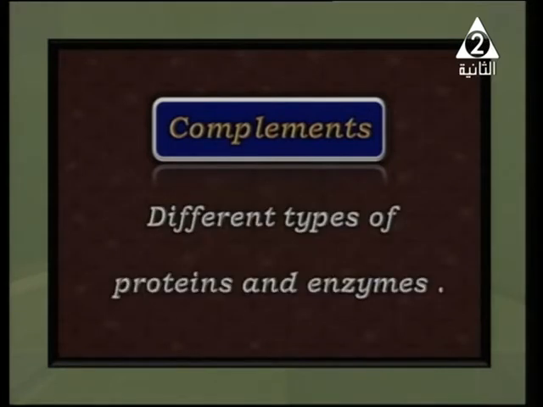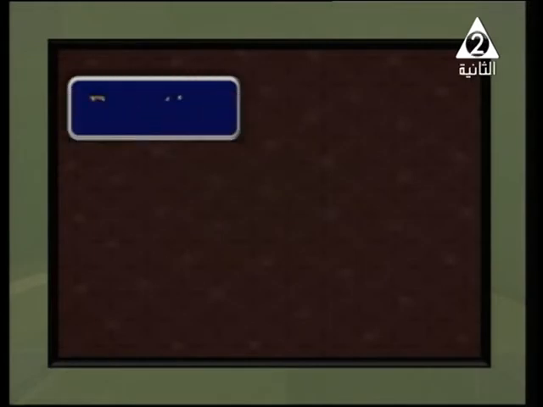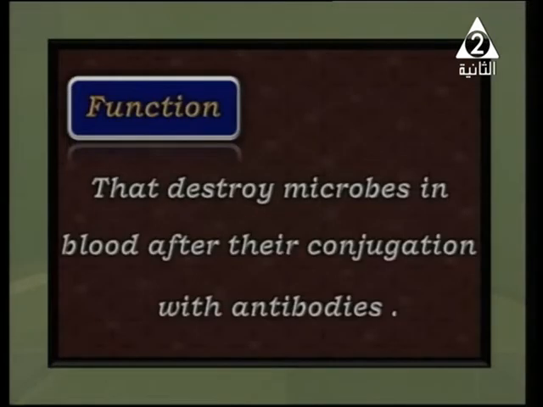They are different types of proteins and enzymes inside your body, and they have important functions. Their function is to destroy the microbes in the blood after their conjugation with the antibodies. After the antibody connects and attacks, they have the ability to destroy these microbes.